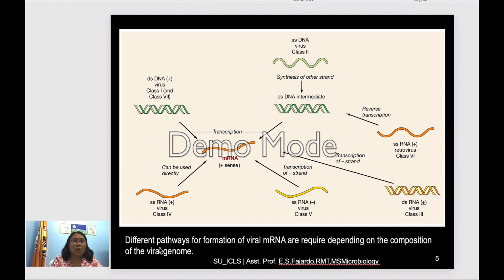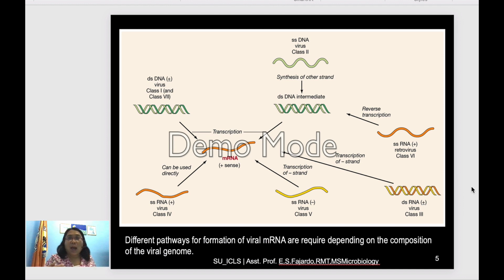For the summary of the manner by which the viral genetic material undergoes transcription and translation as well as replication, this slide will show you the seven classes based on Baltimore's classification, which show the different pathways of the formation of viral messenger RNA, depending on the composition of the viral genetic material.